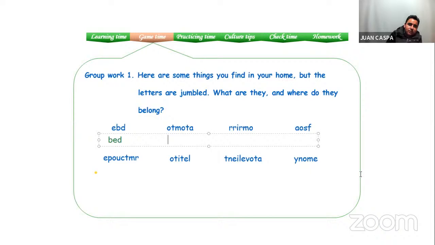Yes. I'm not sure about this word. But the next one is, what do you think is the next one? Mirror, right? And this one, sofa, right?